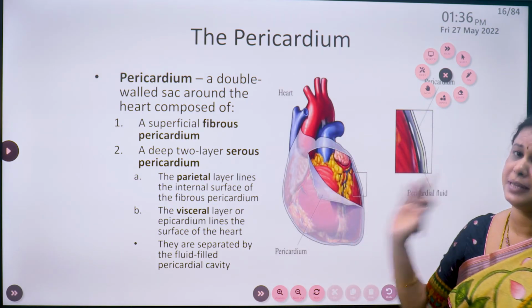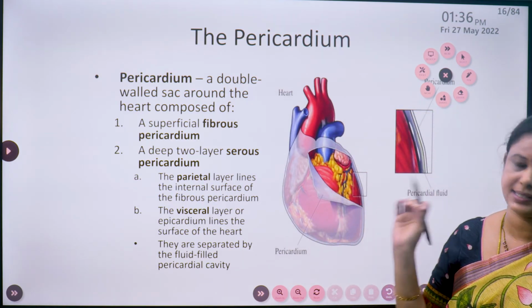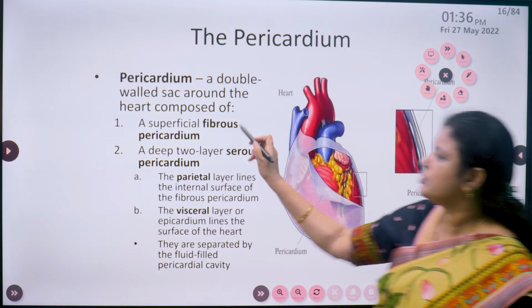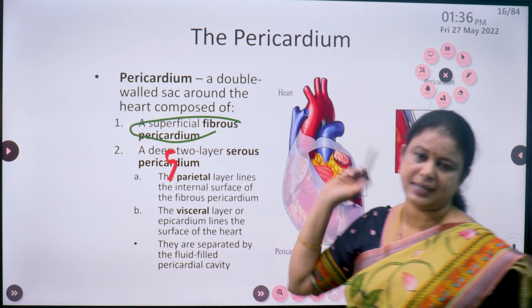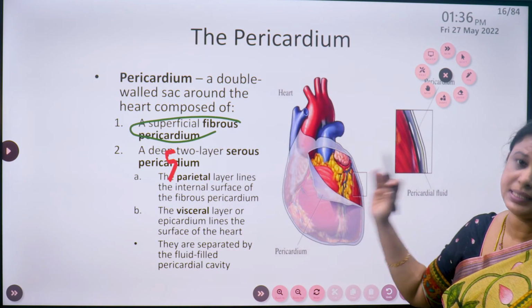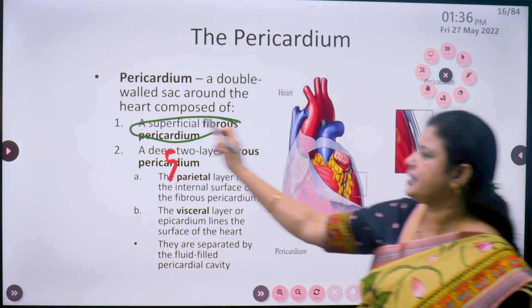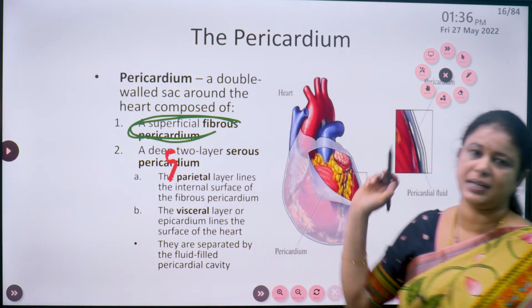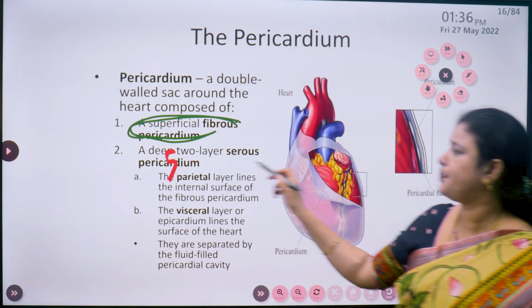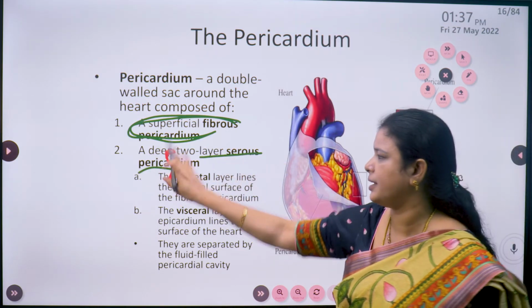The pericardium can be divided into the superficial fibrous pericardium and the deep two-layer serous pericardium.